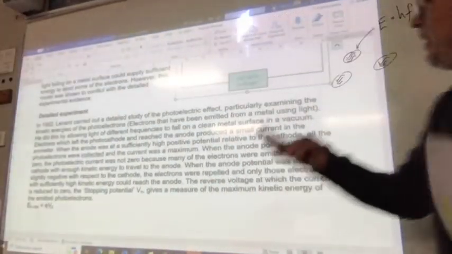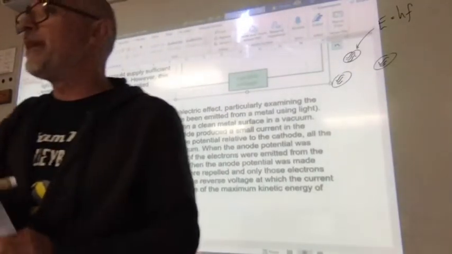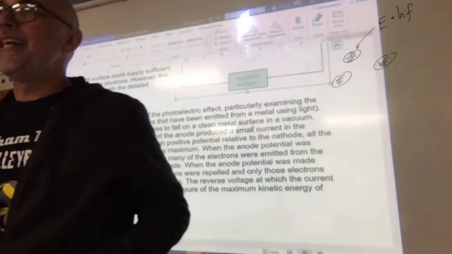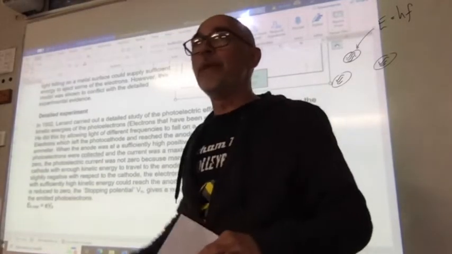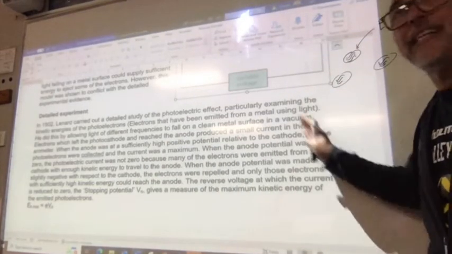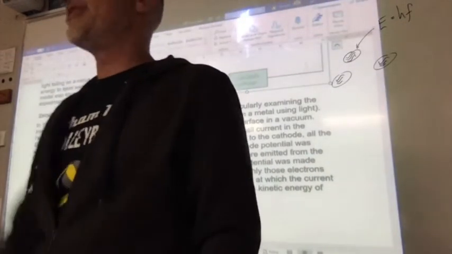And if that energy is enough, it will be absorbed by the electron, and the electron will break its bond to the metal. There's a certain binding energy in there. It'll break its bond to the metal and fly away with some kinetic energy. That's what this model is saying, all right? And that's how it's different. That's why there's no delay. You shine the light, you get the electrons. Switch the light off, the electrons stop.